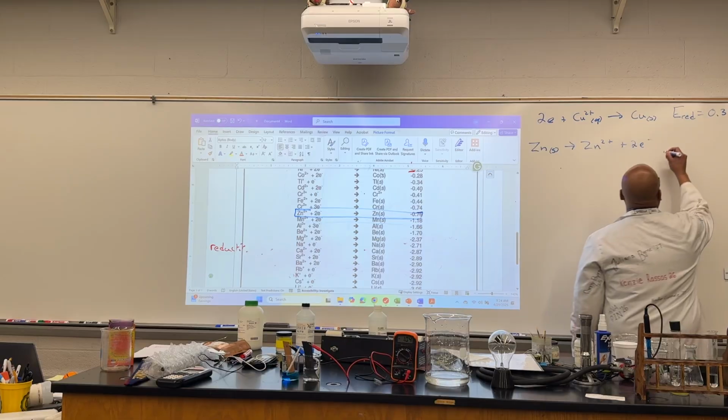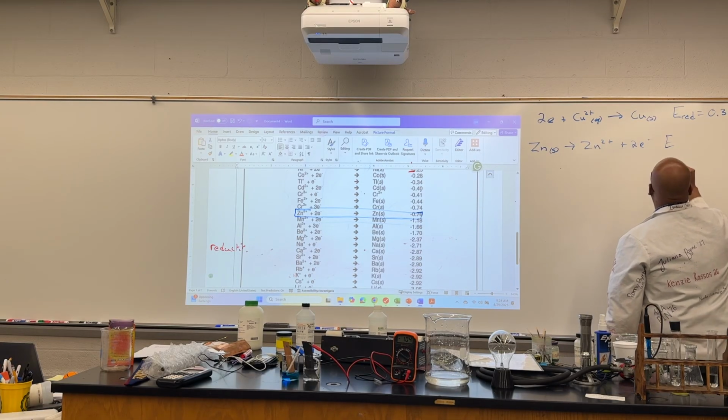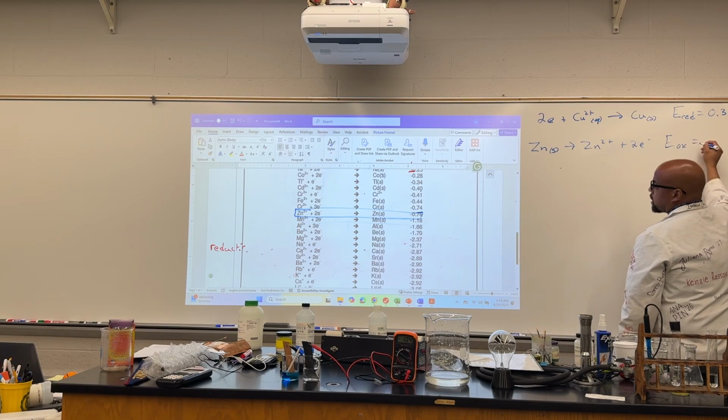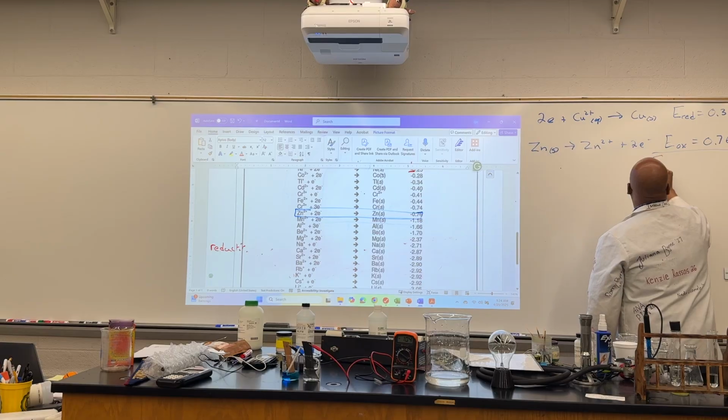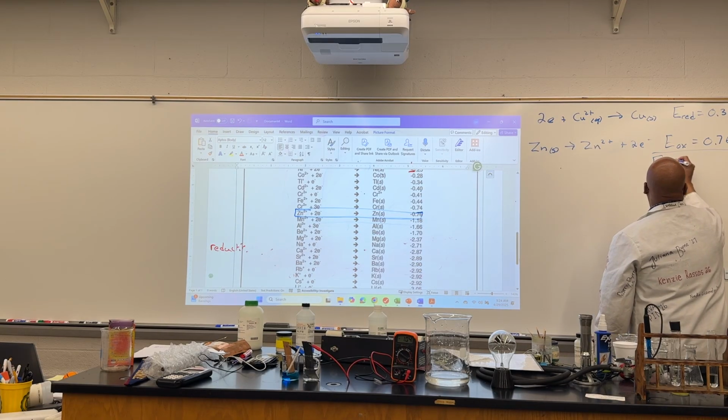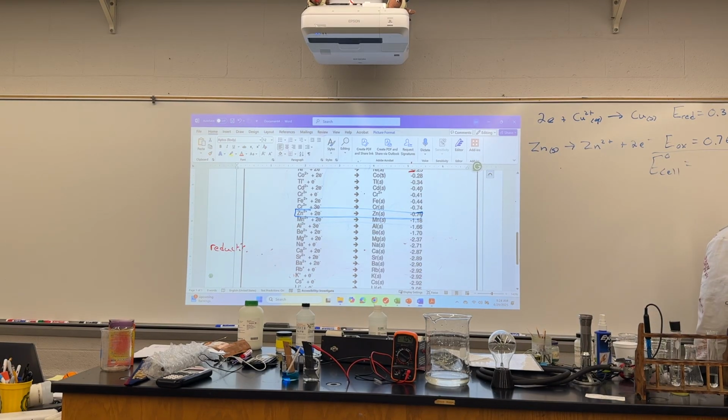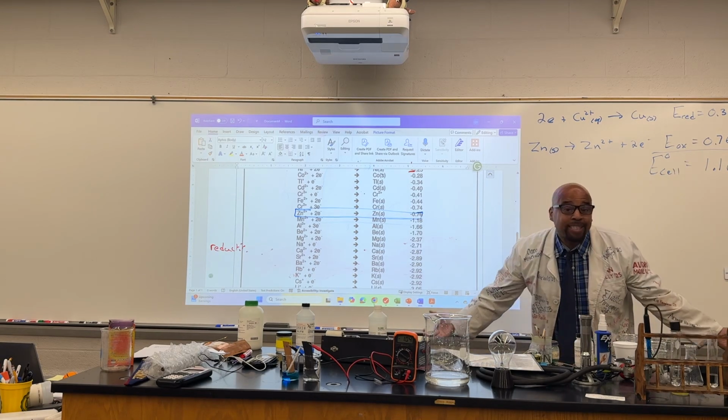And therefore, the E of oxidation is going to be equal to 0.76 volts, which means that my Ecell is just the combination of these two right here. When I add them together, you get 1.10 volts, right? Perfect. That's as simple as it is.